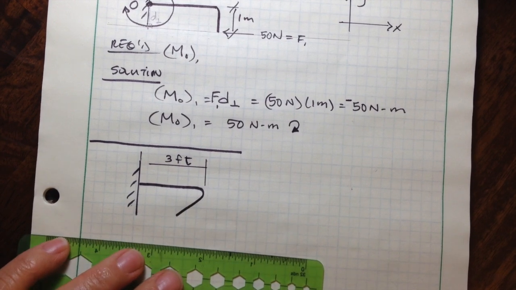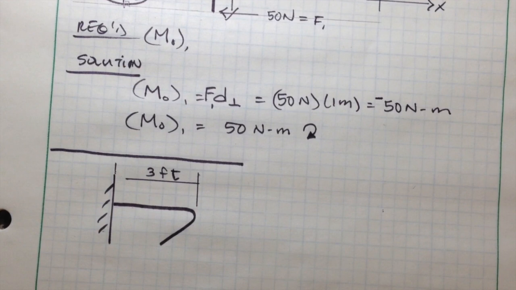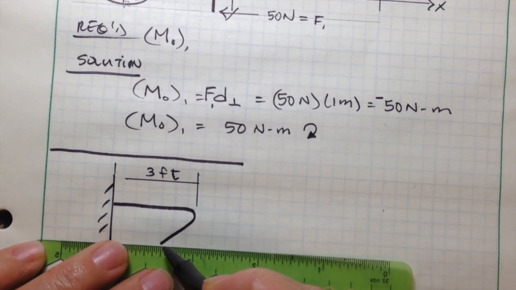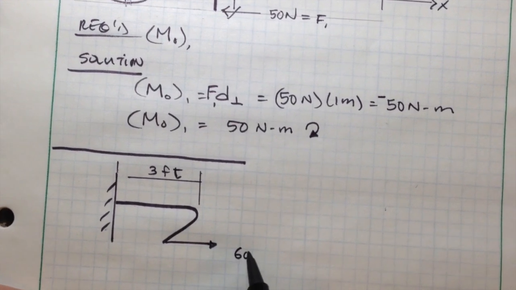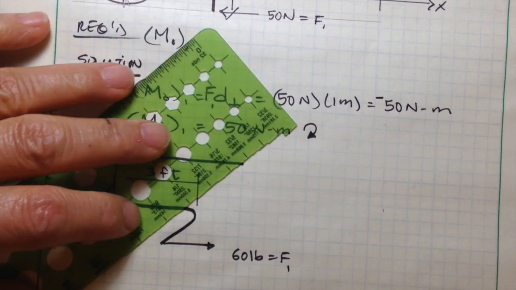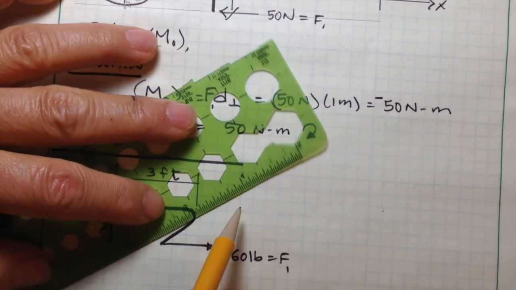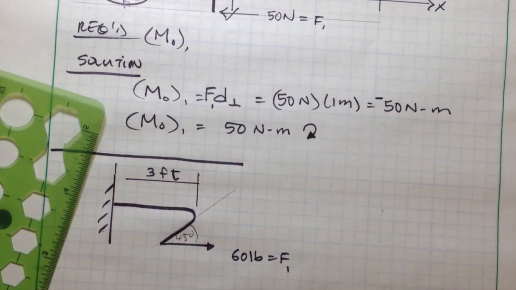And let's say a force of, let's say, 60 pounds is being applied right there. And they also let us know that this is at an angle of 45 degrees. Right, so that's 45 degrees.